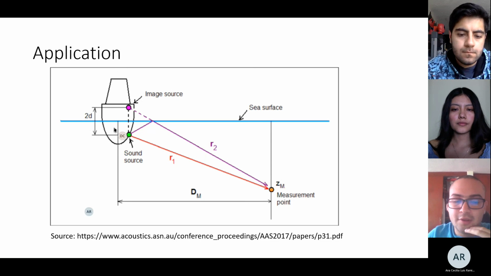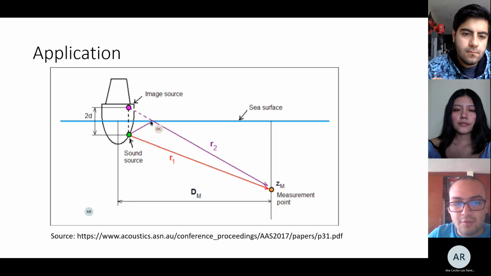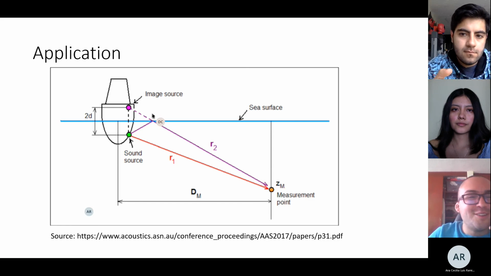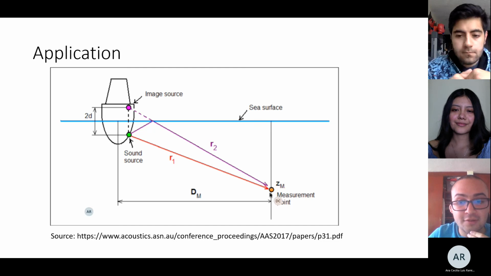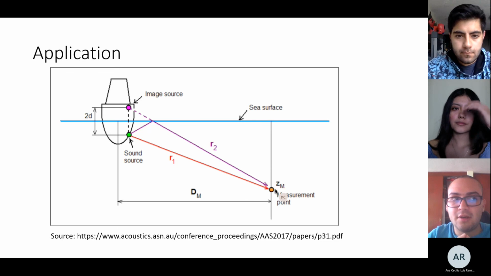So if we think a boat is making noise underwater, as this sound source, we can model the surface of the sea as a flat mirror, which will generate a reflection here, which, similar to the Lloyd mirror, will generate a virtual source, which of course will generate some interference at some point. This interference is measured in terms of the sound pressure level, which is what generates this underwater noise.